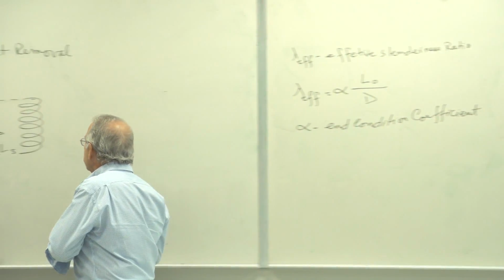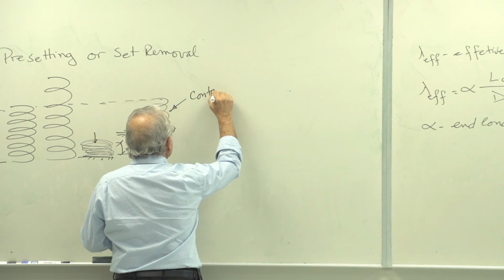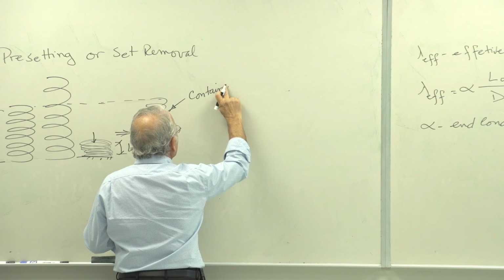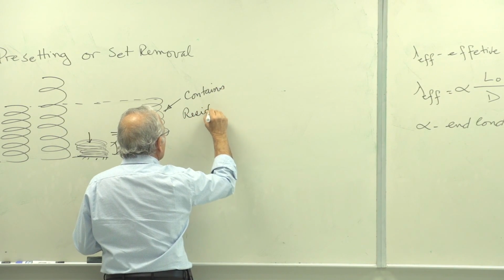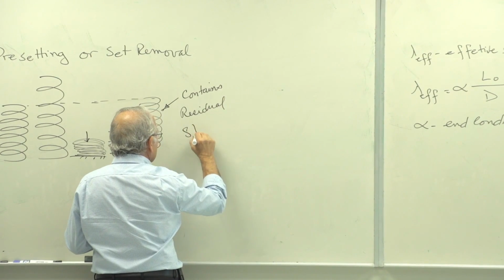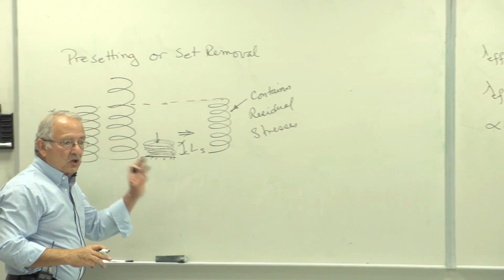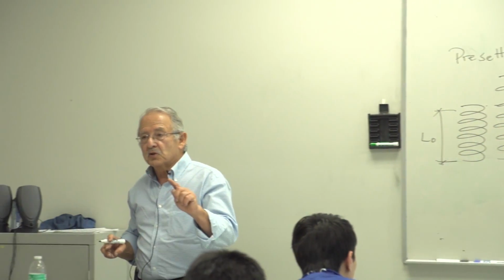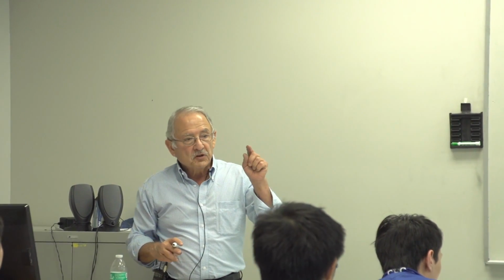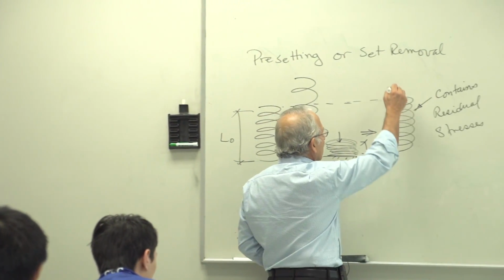So this part contains residual stresses. And these residual stresses will be in the opposite direction of the stresses that will be induced in the part, in this case the spring, due to an applied load.